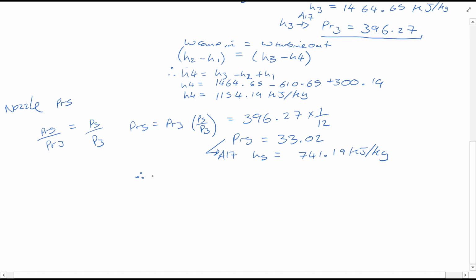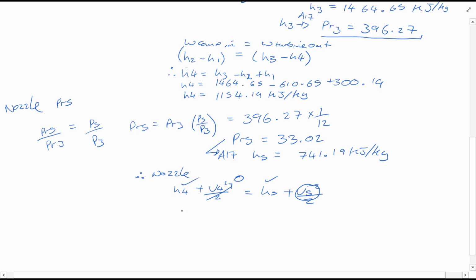Therefore now for the nozzle, when we consider the energy balance, H4 plus V4 squared over 2, we know that goes to 0, is equal to H5 plus V5 squared over 2. Of course we're interested in V5, we know H5 and we now know H4.